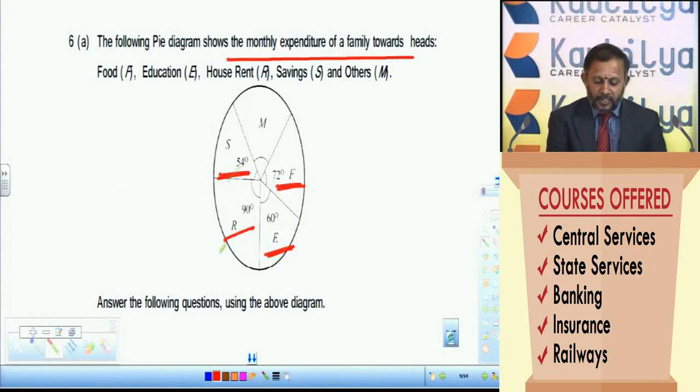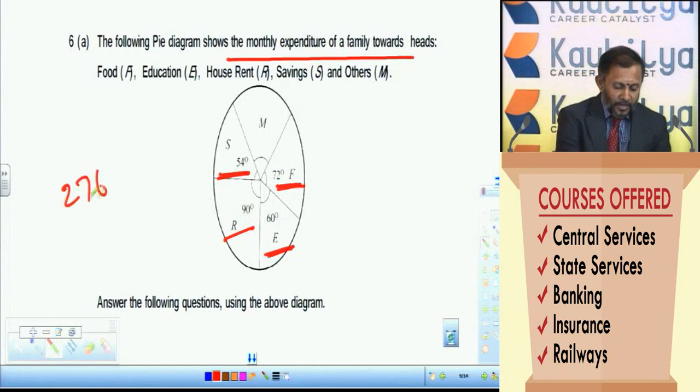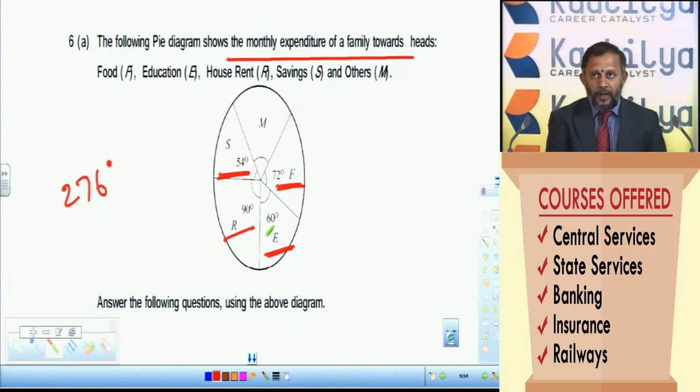All these factors are given in terms of degrees. If we get the total of these 4 elements: 72 plus 60, 132; 132 plus 90, 222; 222 plus 54, 276. So the total is 276. Checking again: 54 plus 72, 126; 126 plus 60, 186; 186 plus 90, 276.